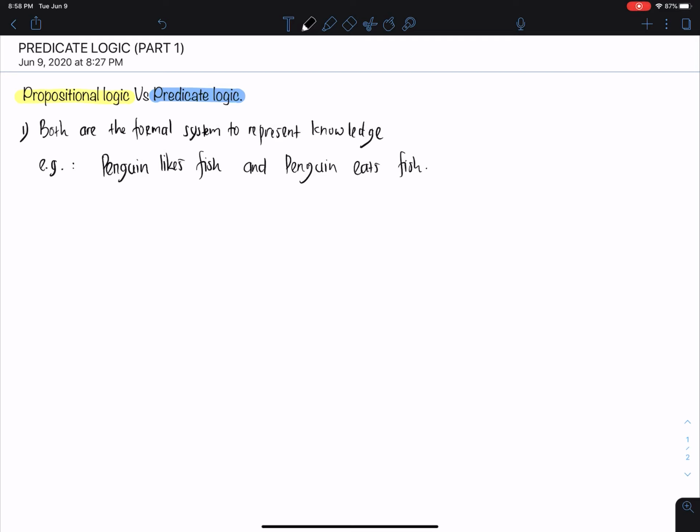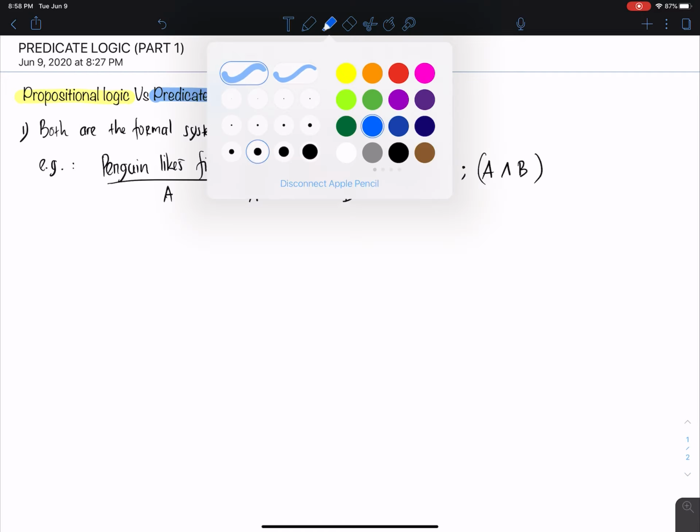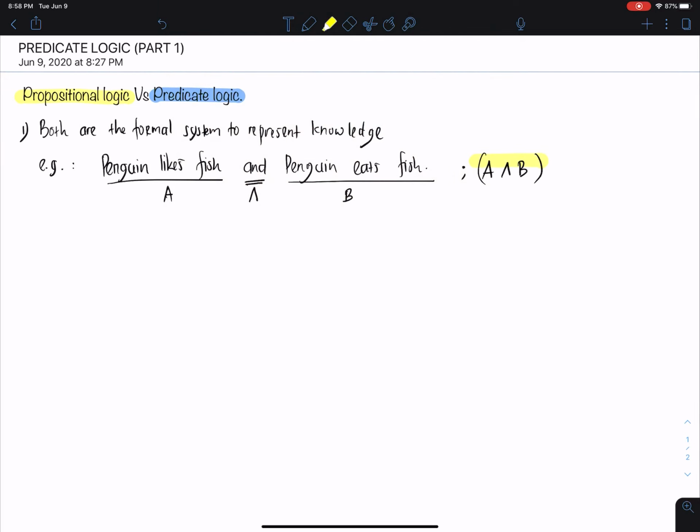So in propositional logic, we take this as one statement, maybe A, and this one another statement B, and we have logical connectives here, and all this is just represented by using A and B. So if you're looking at this kind of representation, there is not much detail we can see.